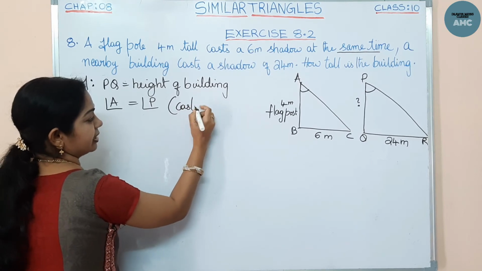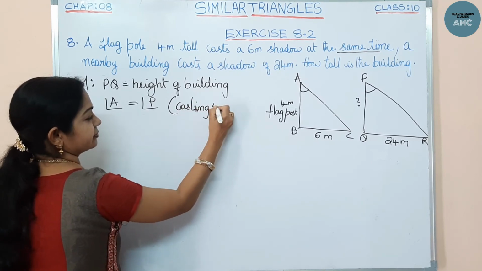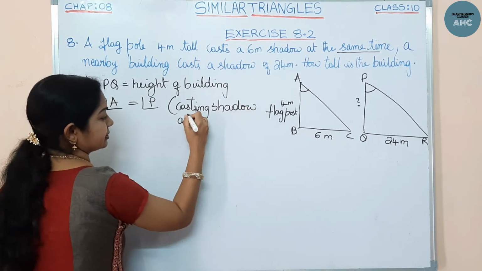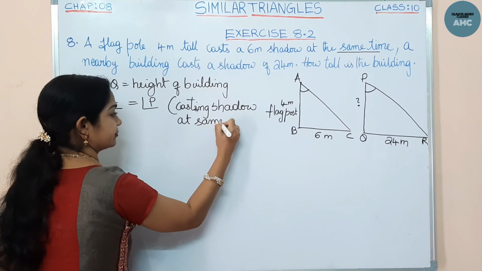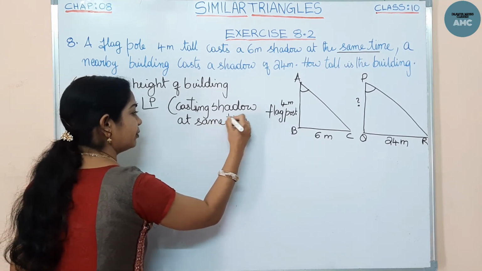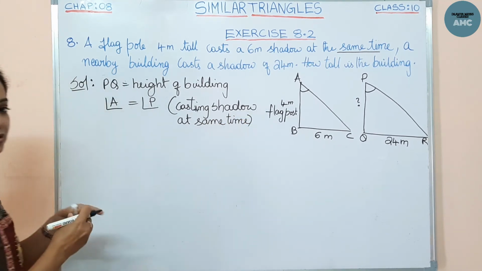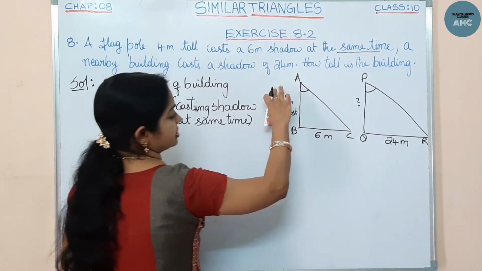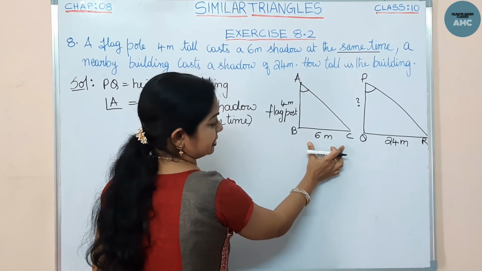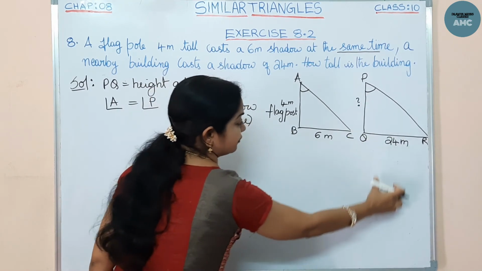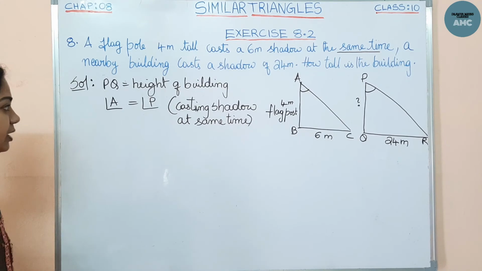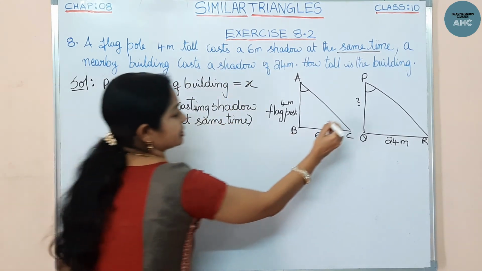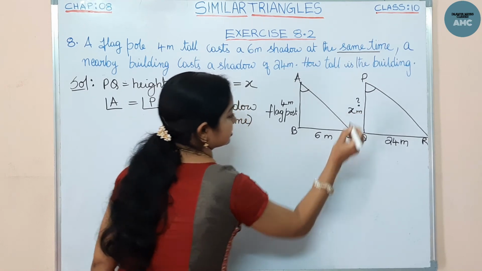The lengths of shadows keep increasing and decreasing at different times, right? Here the shadow of the flag post is 6 meters, whereas the shadow of the building is 24, but we don't know PQ. Let me suppose the height of the building PQ as x meters.